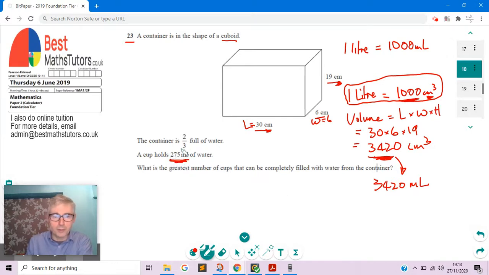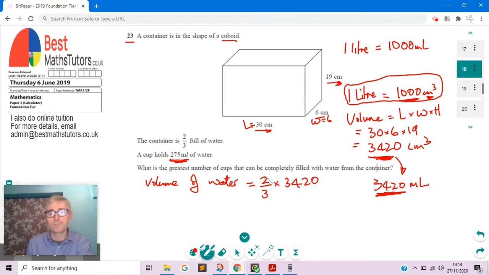What we do need to know, though, is the container is 2/3 full of water. So the volume of water is going to be given by 2/3 times this 3,420. If I wasn't on the calculator paper, I could do that by dividing by 3 and then timesing by 2.